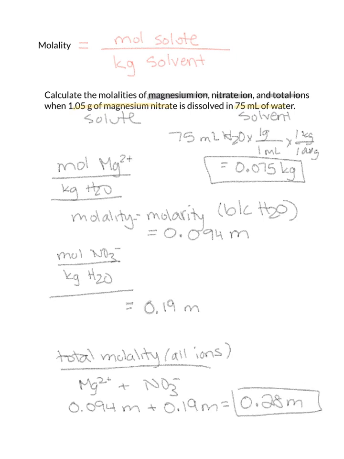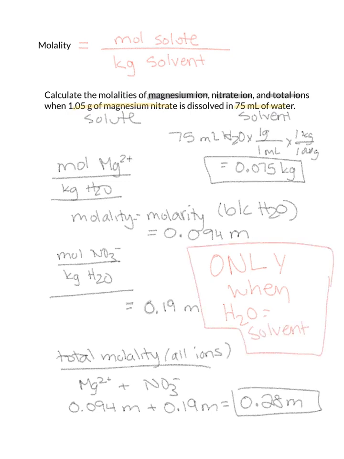Again, only when H2O is the solvent. I cannot stress this strictly enough. You watch your problem. If water is the solvent, you can get the same molalities and the same molarities. But that's why we did another molarity problem where we had water not being the solvent. Let's see what happens then.